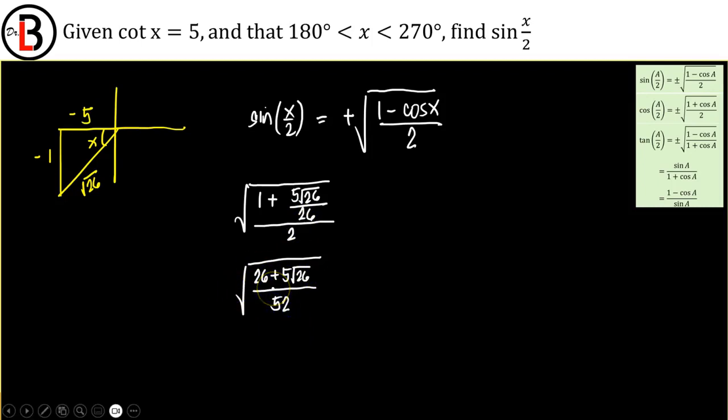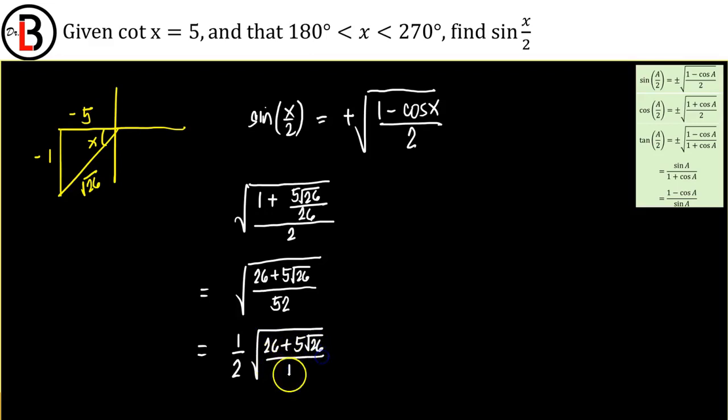So let's try to remove what we can remove. Square root of 52 is 2 square root of 13. So in here, we can already remove first. So 1 over 2. This is going to be 26 plus 5 square root of 26 over 13.